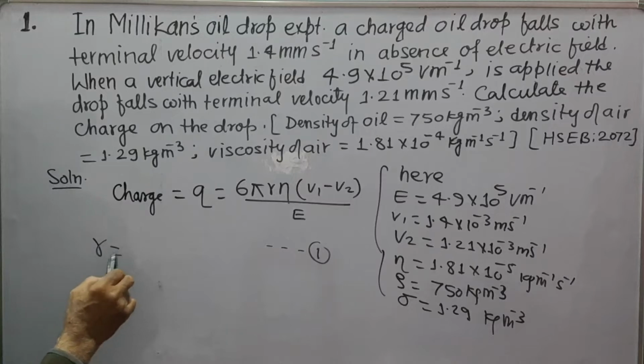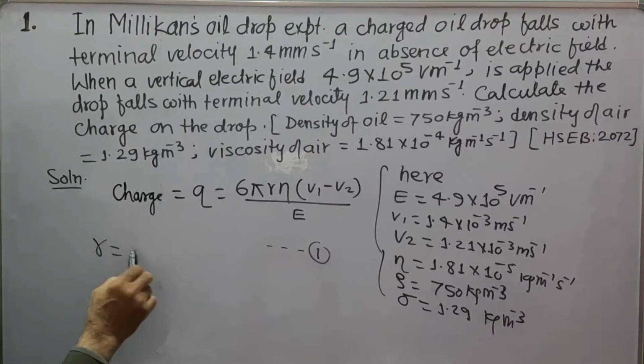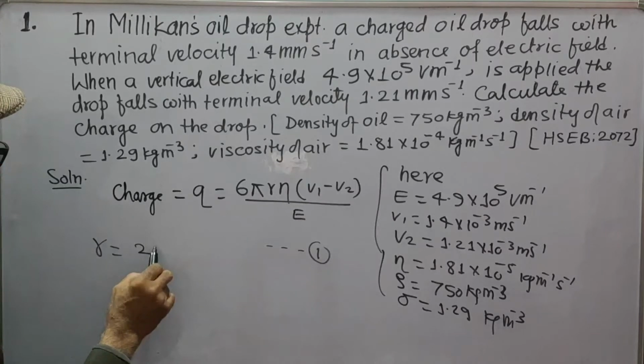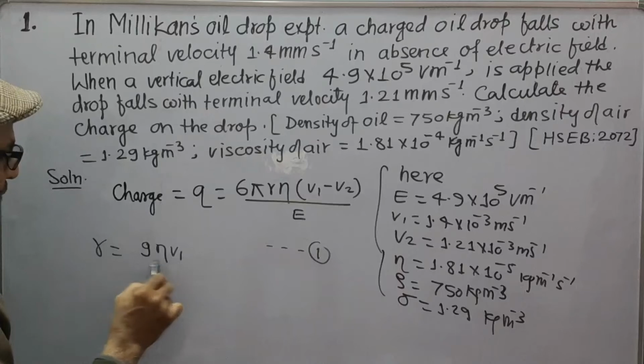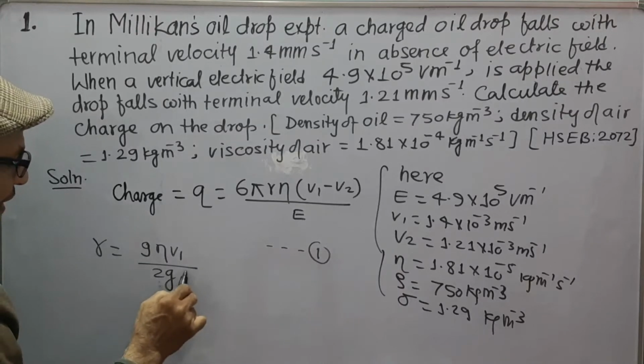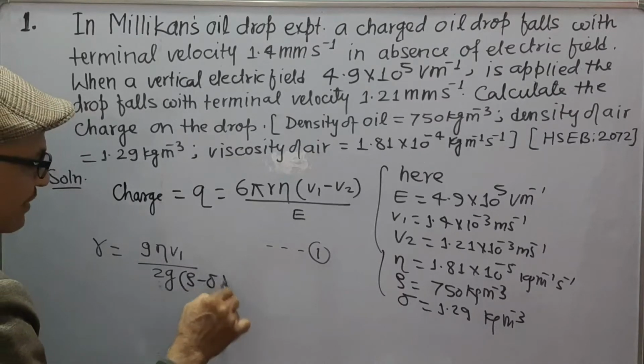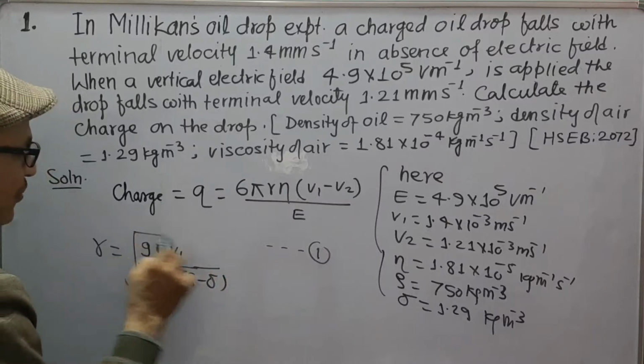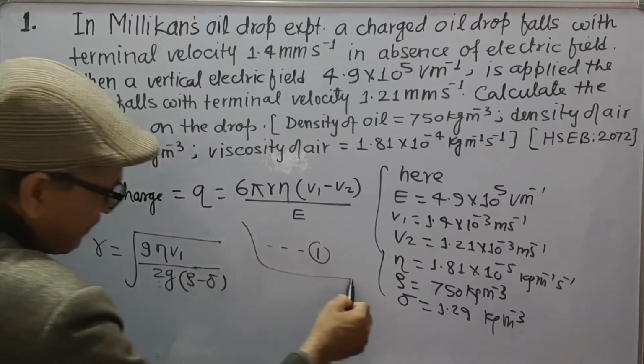Now the radius of the drop R is equal to the square root of 9 eta V1 upon 2g(rho - sigma).